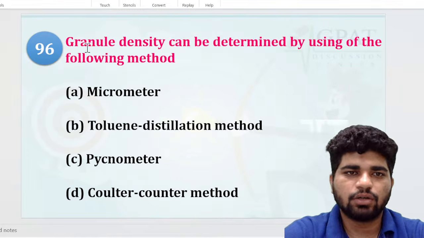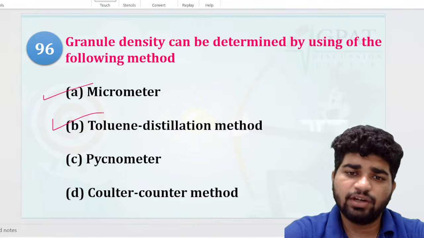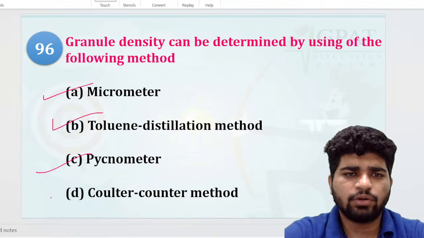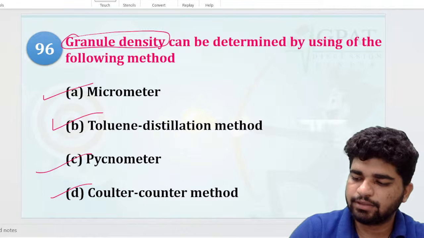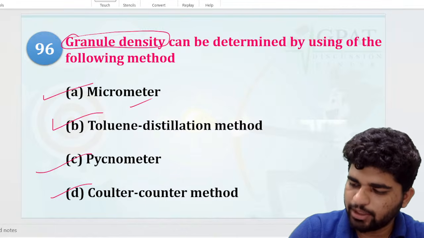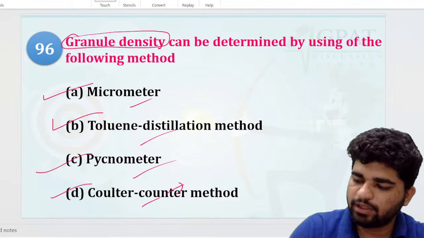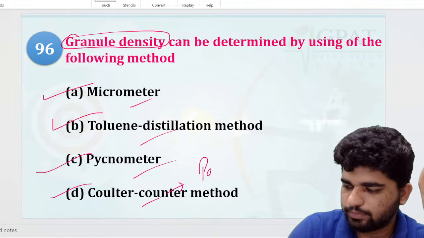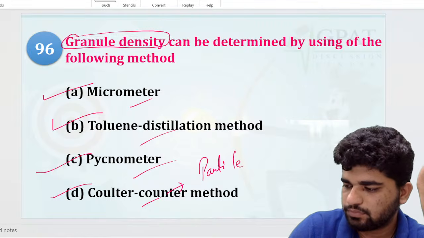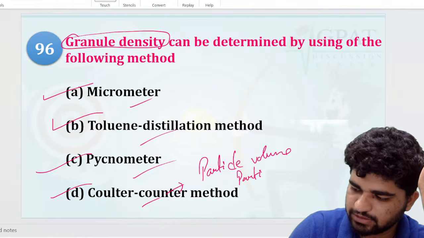Granule density can be determined by using which of the following: micrometer, toluene distillation method, pycnometer, or Coulter counter method? Coulter counter method is for particle volume as well as particle size.